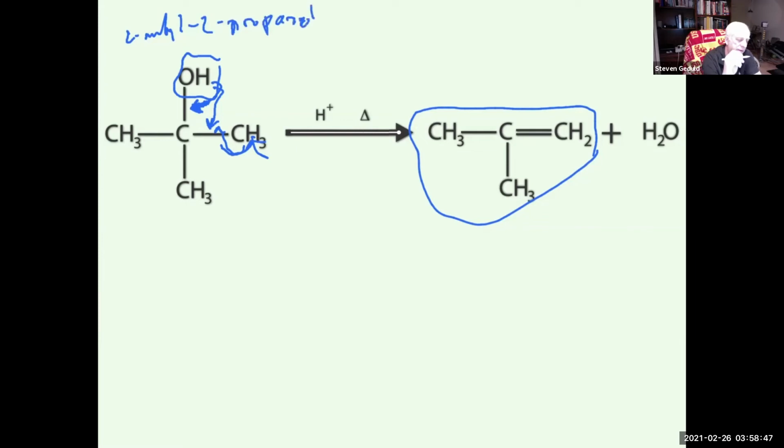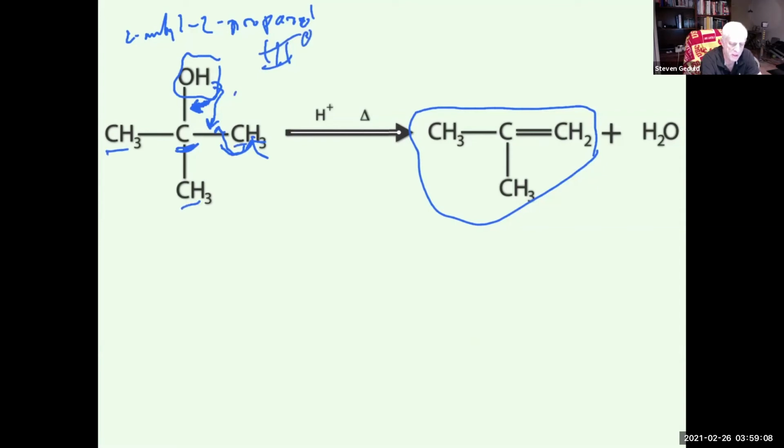Is the alcohol a primary, a secondary, or a tertiary alcohol? Tertiary. Perfect. Good. Because the carbon with the OH group has 3 carbons attached to it.